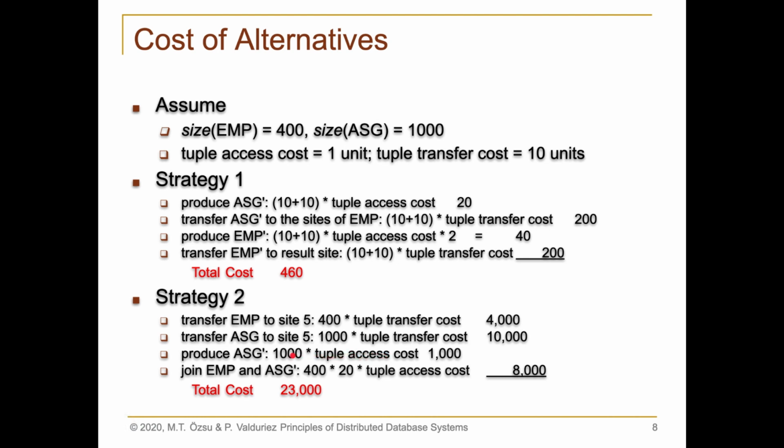The number of tuples of that relation is 1,000 and tuple access cost is 1. So the cost of producing assignment prime, after applying the selection criteria responsibility equal to manager on assignment relation, is calculated to be 1,000.